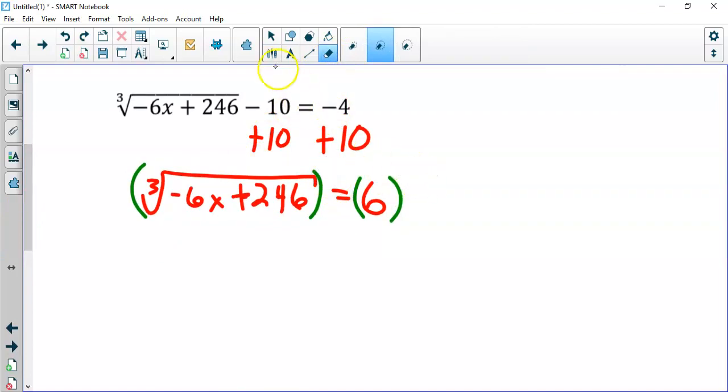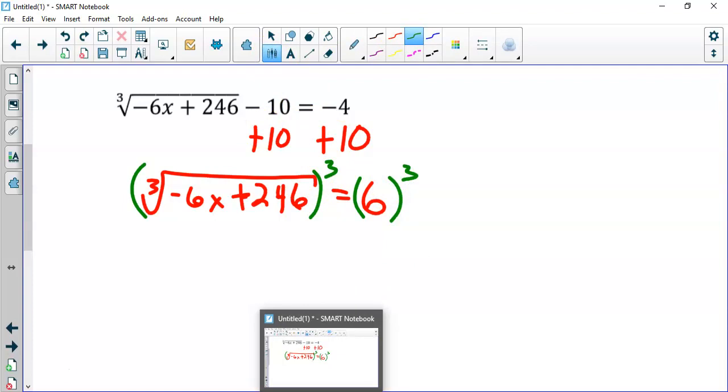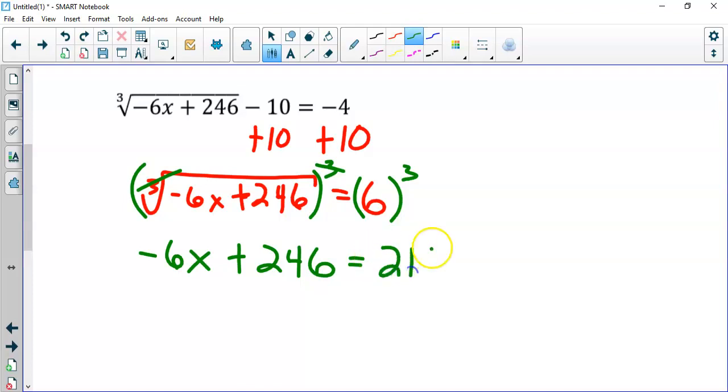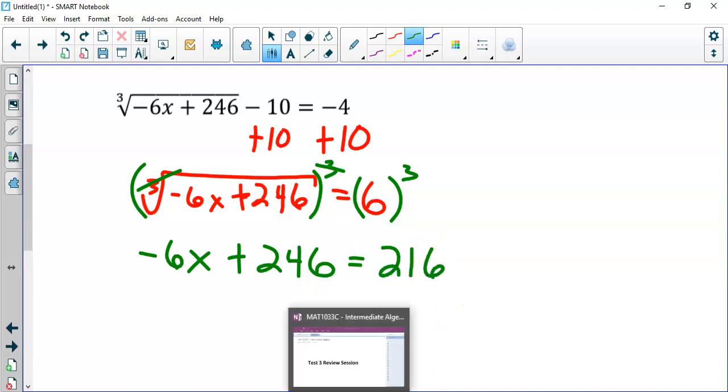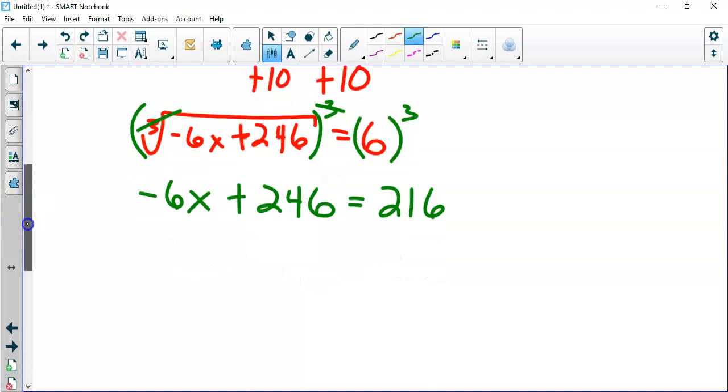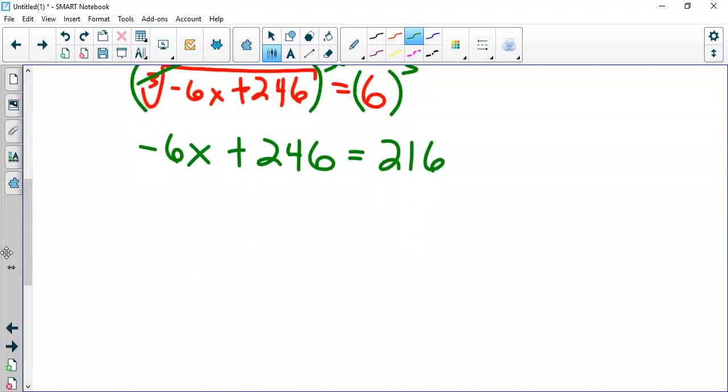What are the power of 3 and the cube root going to do to each other? Cancel. So we are left with negative 6x plus 246 equal to 216, because 6 to the power of 3 is 216. And now you just finish out the rest of the solving. Once that radical is by itself and you've raised it to the power, all that's left is the solving. What do we do now?